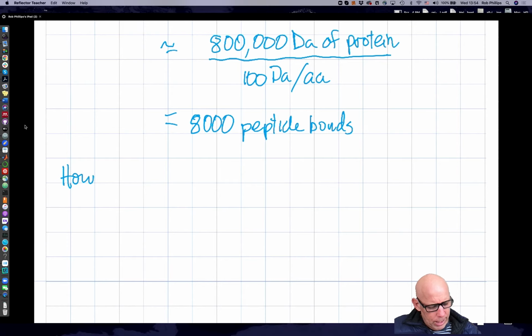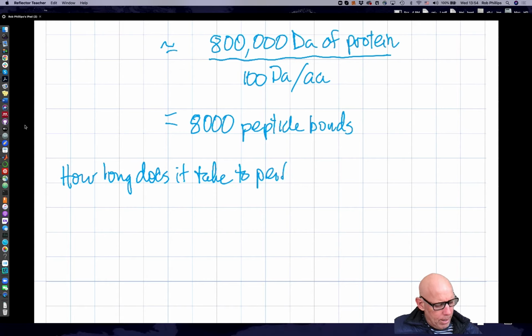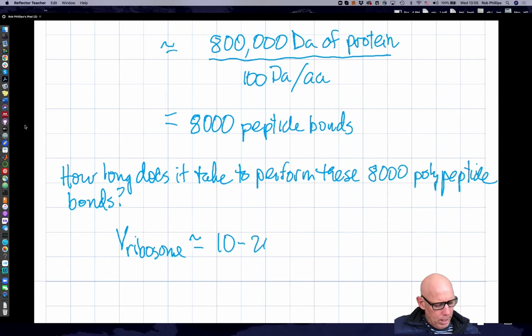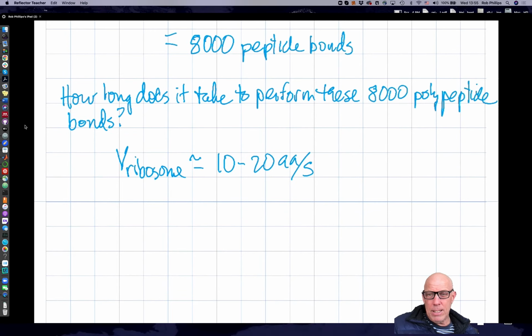So how long does it take to perform these 8,000 peptide bonds? And the answer to that is gotten by remembering that the velocity of the ribosome is somewhere between 10 and 20 amino acids per second. So we can figure out then how many seconds it's going to take.